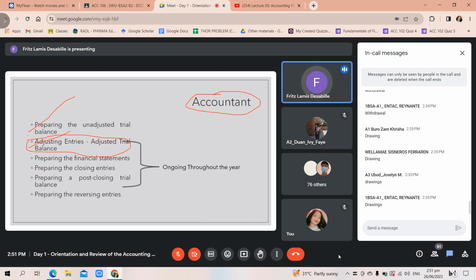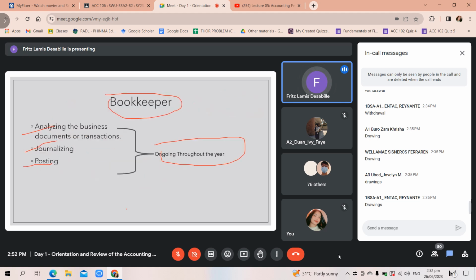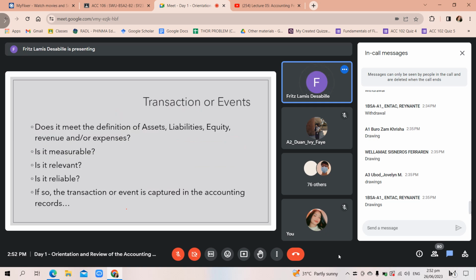Adjusting entries require knowledge of the expense method, the asset method, how to compute depreciation, how to compute interest expense, blah blah blah. The accountant also prepares financial statements, the closing entries, the post-closing trial balance, and the reversing entries. Okay, so it's not really that relevant. It's just trivia or background on who does what.